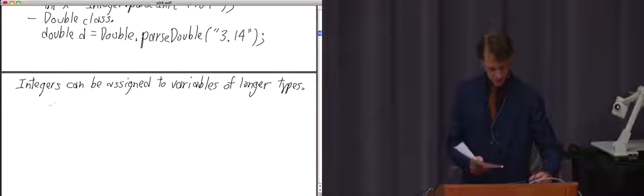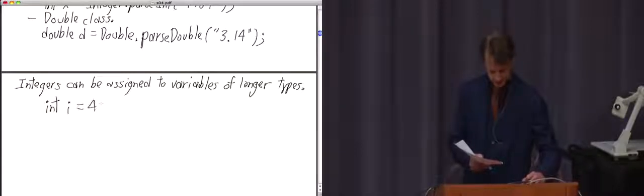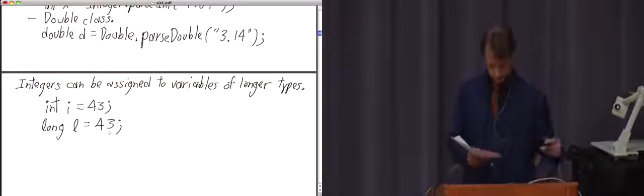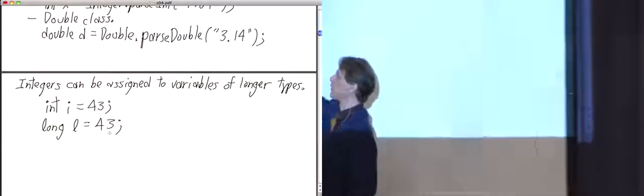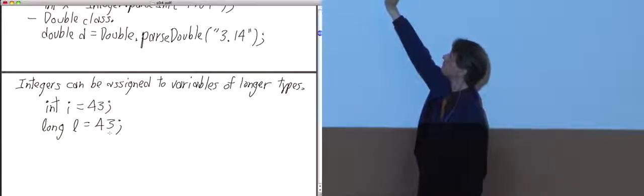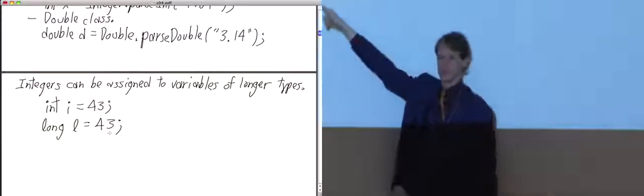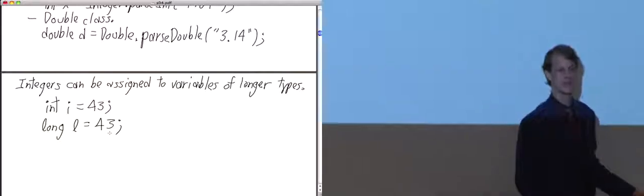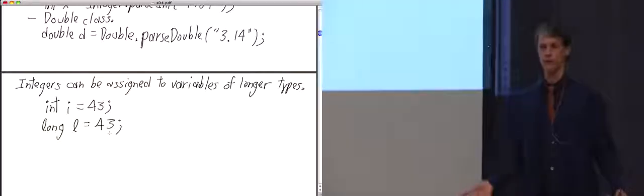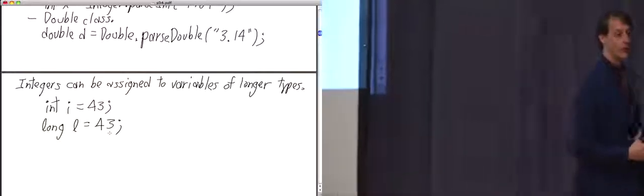So to demonstrate that, if I have an int and I have a long, even though 43, Java interprets that as an int, you can store it to a long because a long is 64 bits, and therefore there's enough room to store a 32-bit number without changing it.